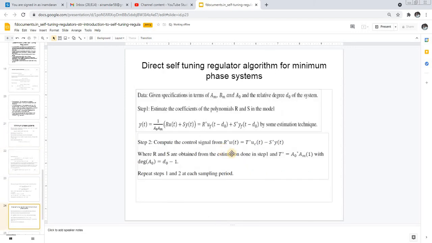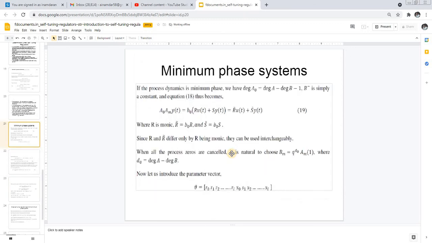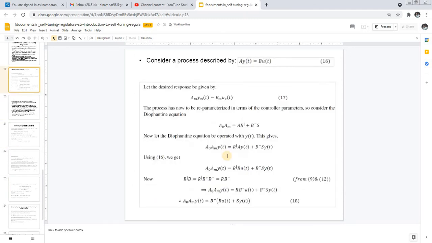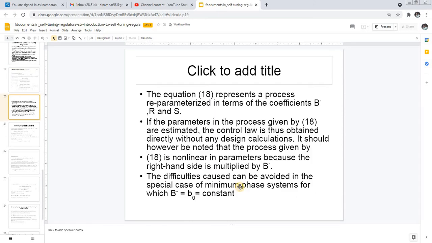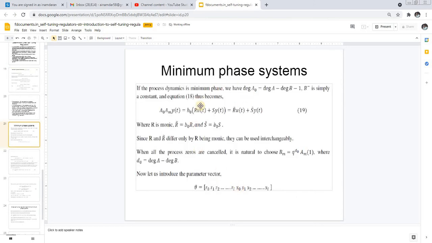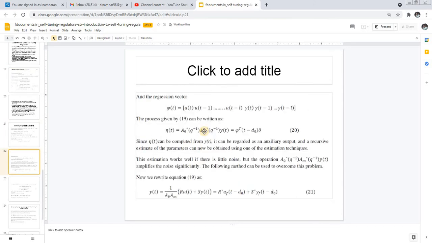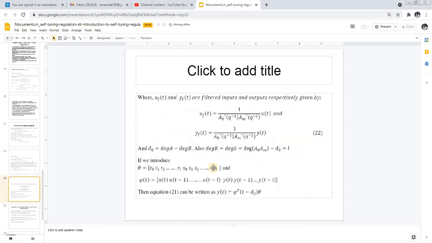The normal deterministic STR has the disadvantage of this B minus term, because it has non-linear terms on the right hand side. This can be minimized in minimum phase systems, and again this disadvantage is minimized by using the reciprocal of A naught Am.